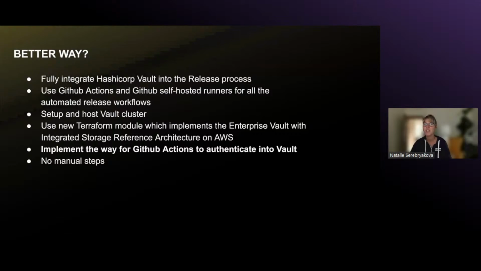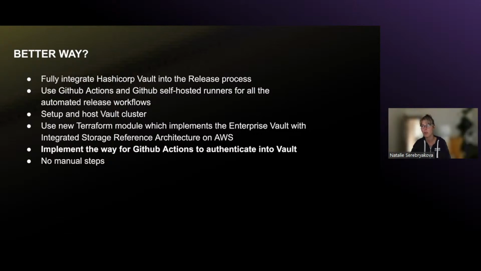So if there is a better way to do it, yes, we've decided that HashiCorp Vault is the perfect tool for the case. We decided to use GitHub Actions with GitHub self-hosted runners for all the automated release-related workflows in the company.